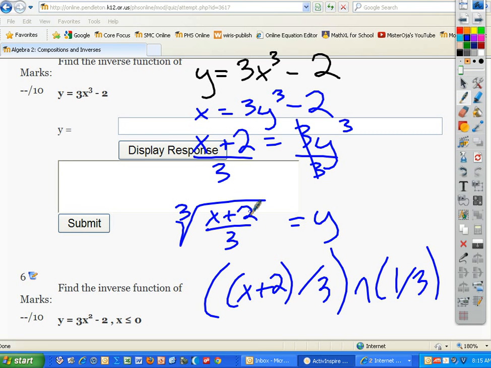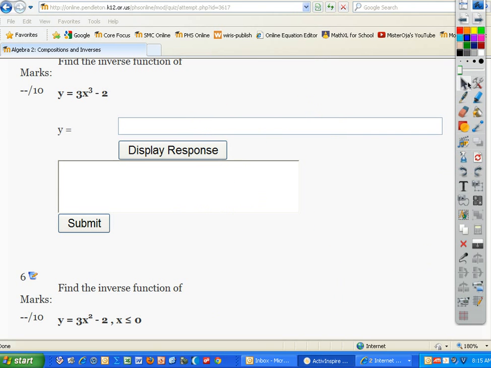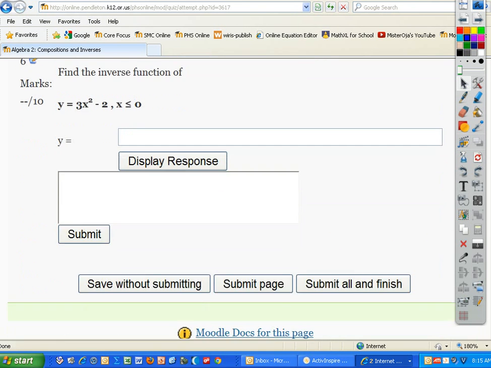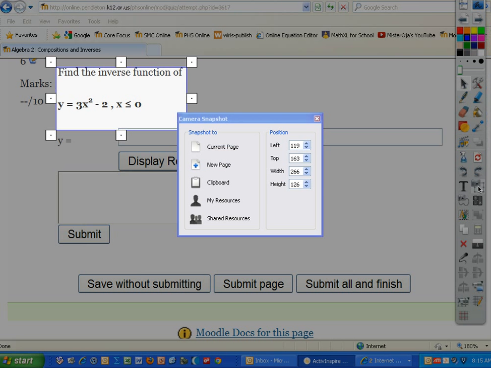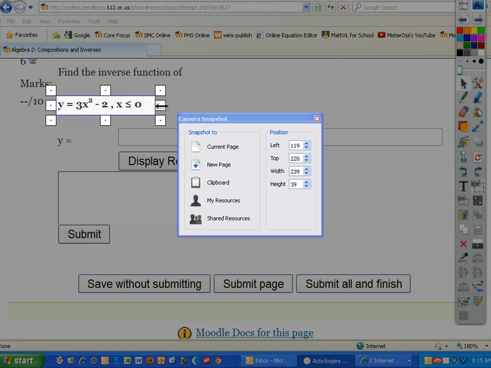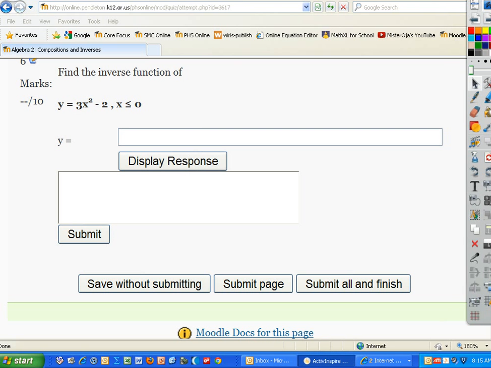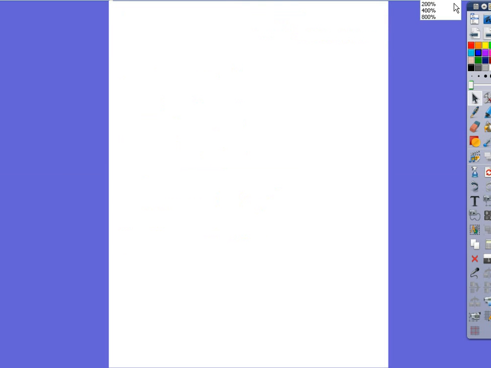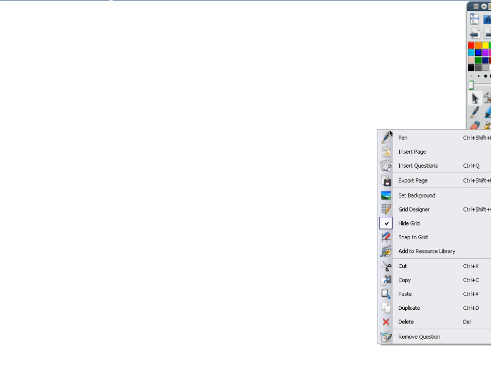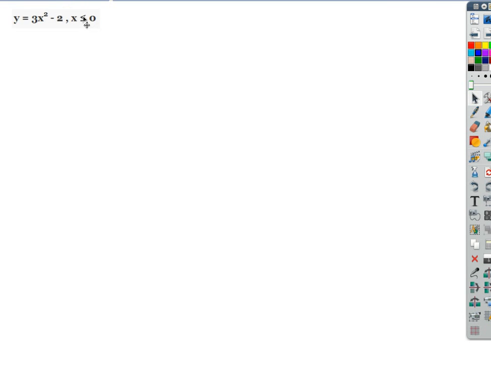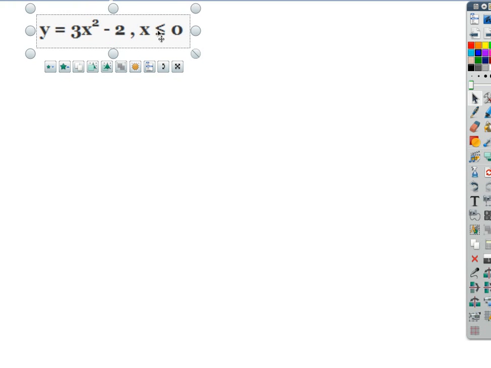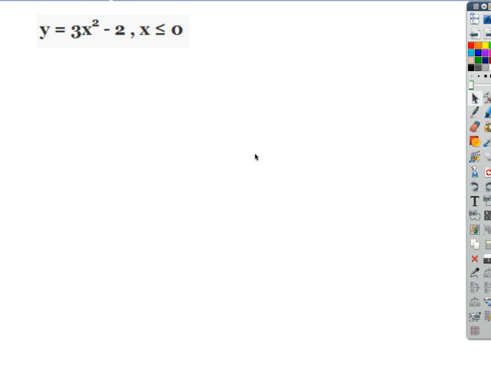So there's that one. Now, one more I want to do that's just a little bit tricky. What about this one?